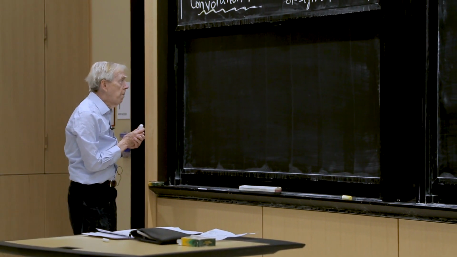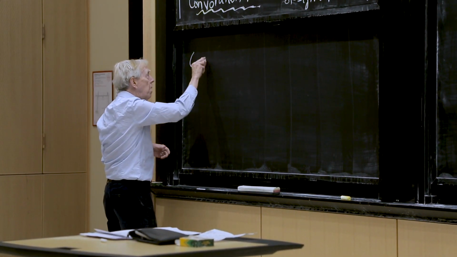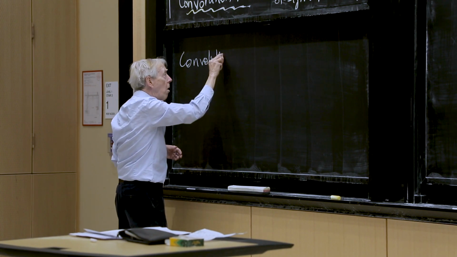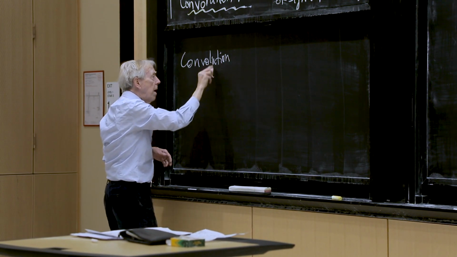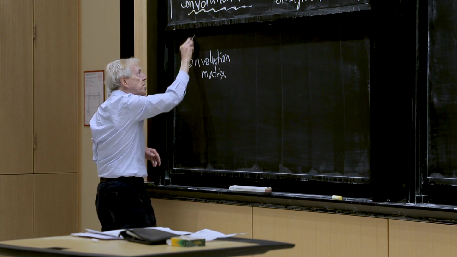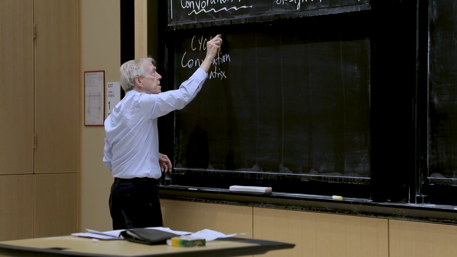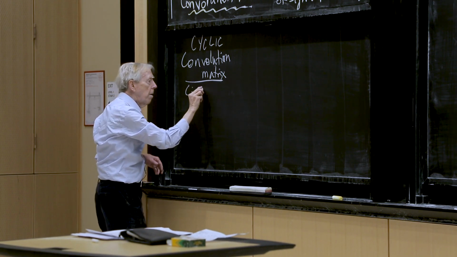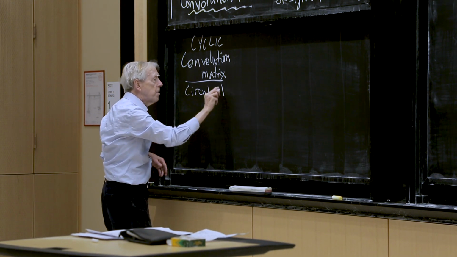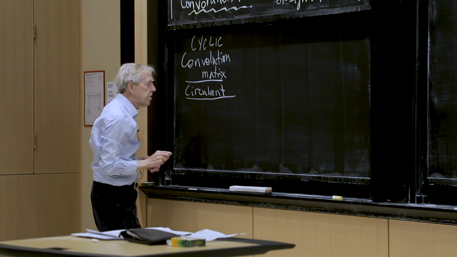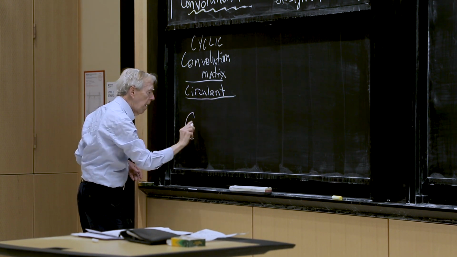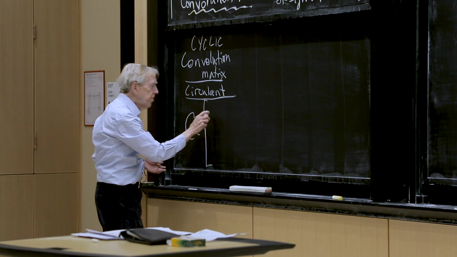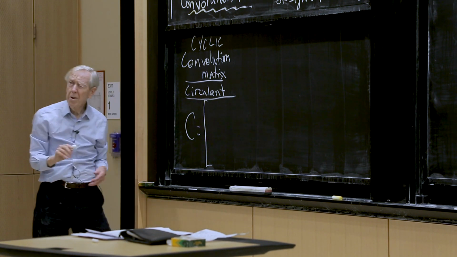Okay, so a convolution matrix. And this will be a cyclic convolution matrix. Okay, and the shorthand for cyclic convolution matrix is circulant. So what is a circulant? Look, I'll call it C. A circulant has constant diagonals.